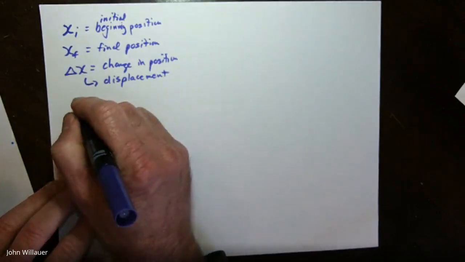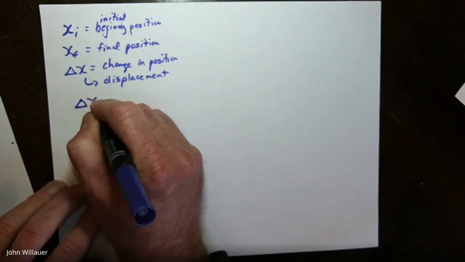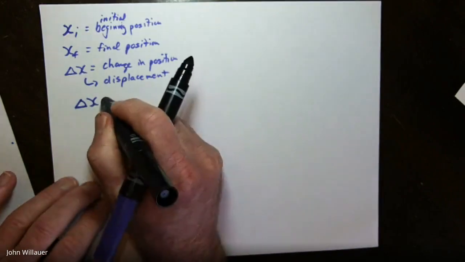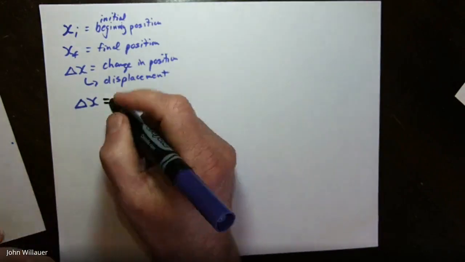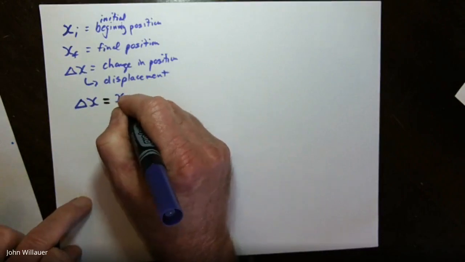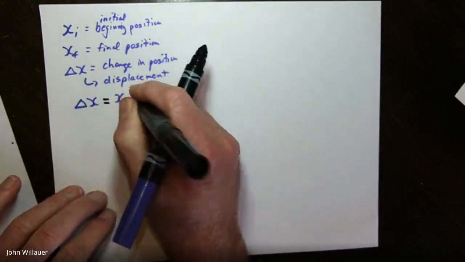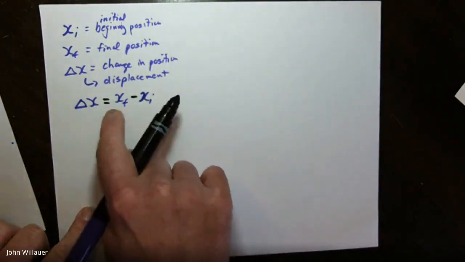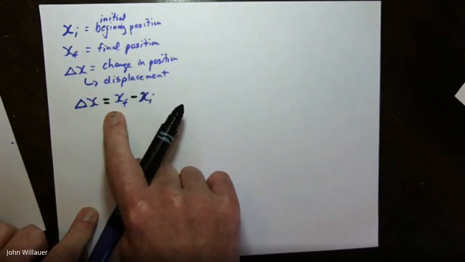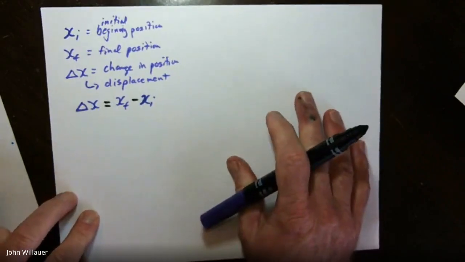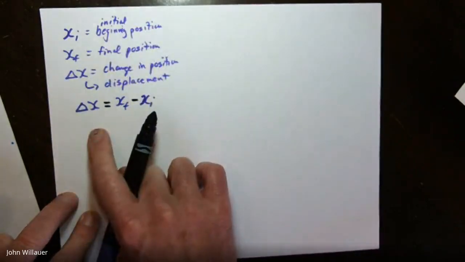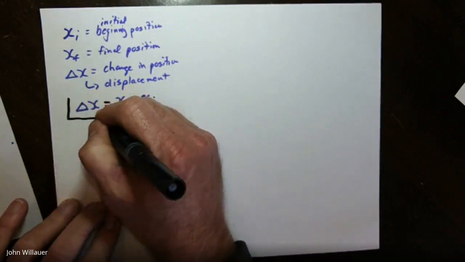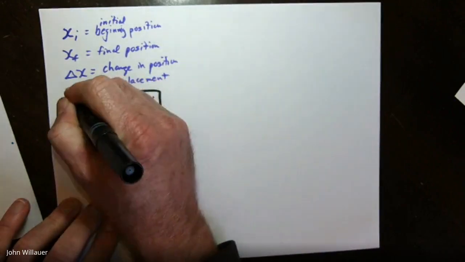And we came up with an equation for that where we said delta x equals our final position minus our initial position. So that's not new. We did that in the last unit. But I have to look at this again to make sure that we are clear on what these symbols are. The symbols are really important here. So this is one relationship that we have, okay?